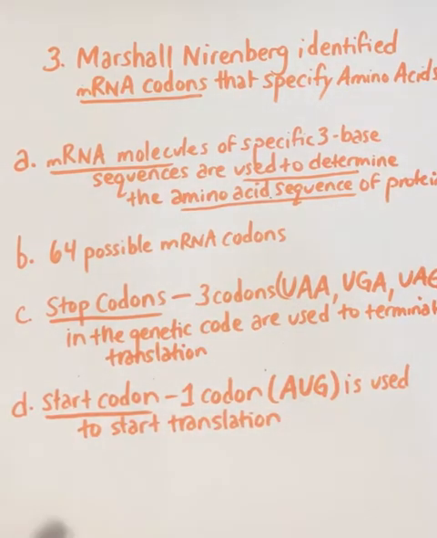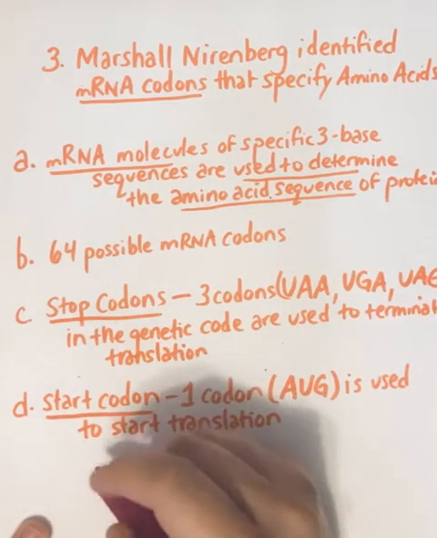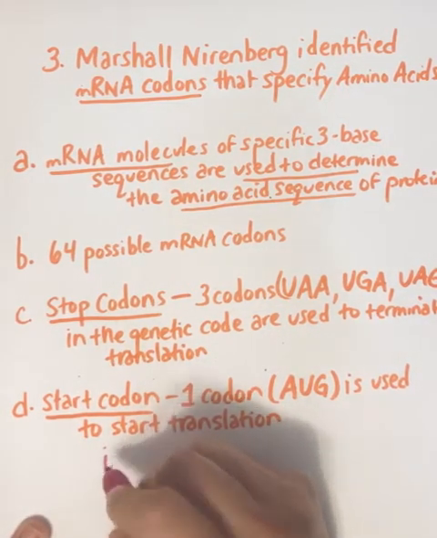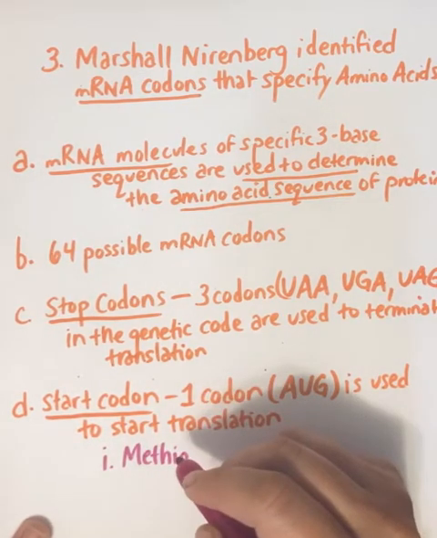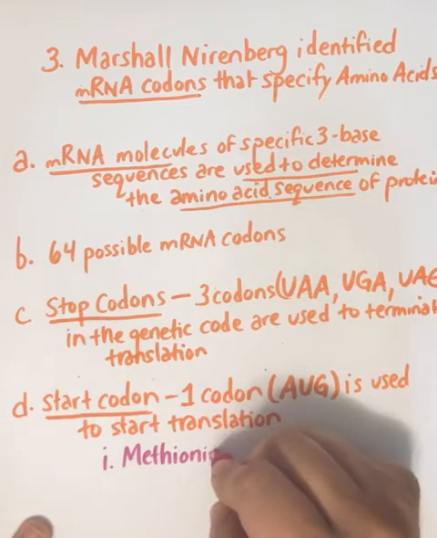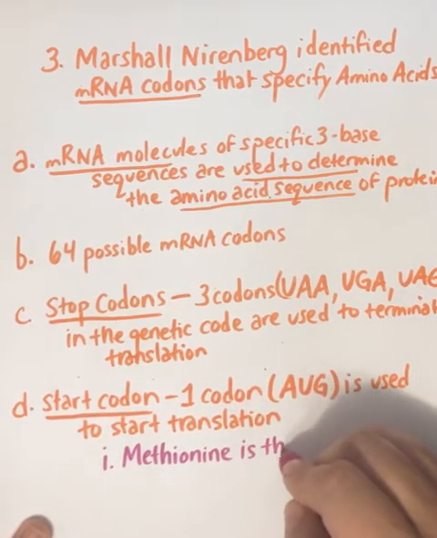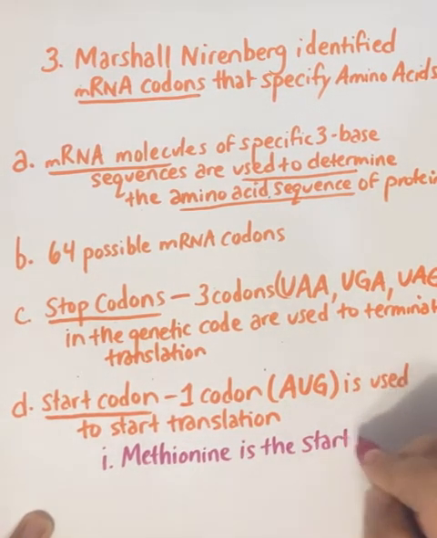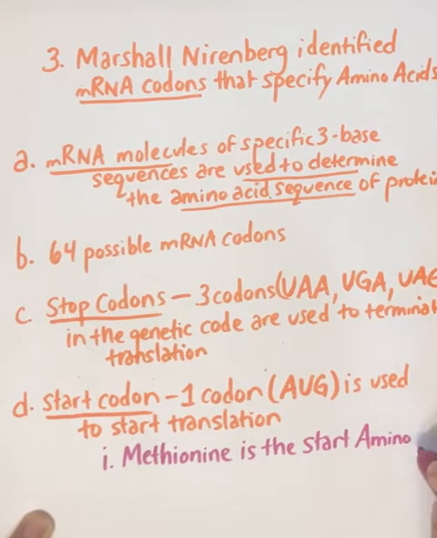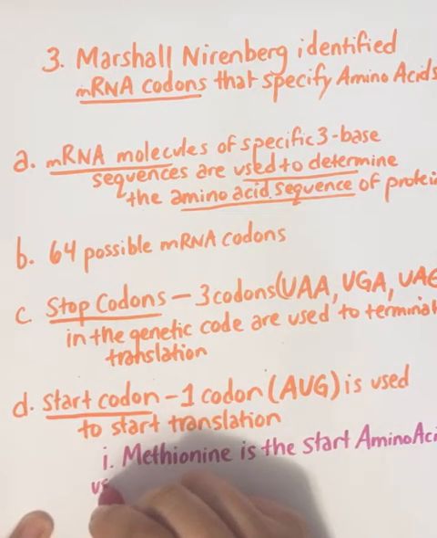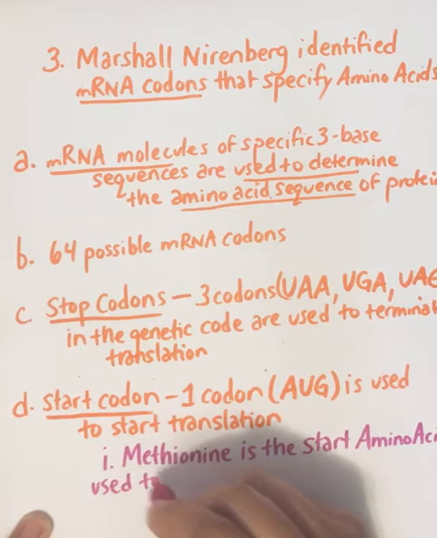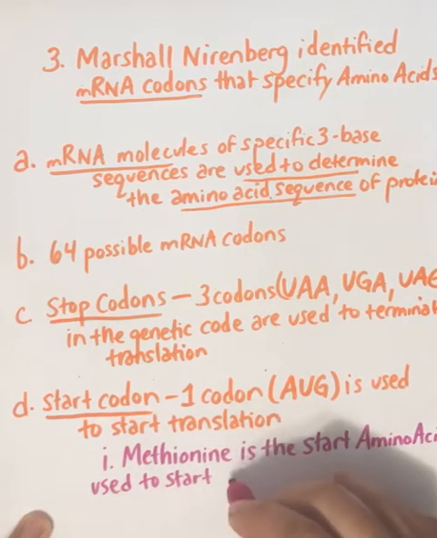Now, when we talk about AUG, methionine is the start amino acid, which we write as MET, used to start translation.